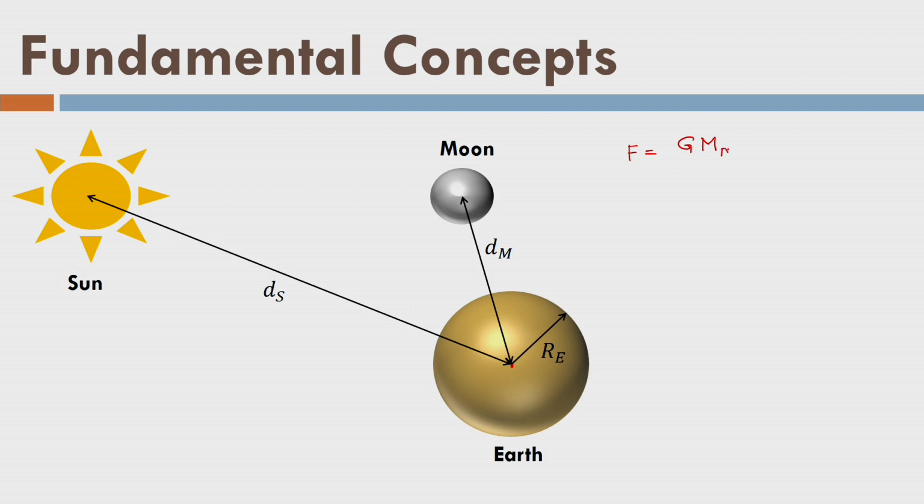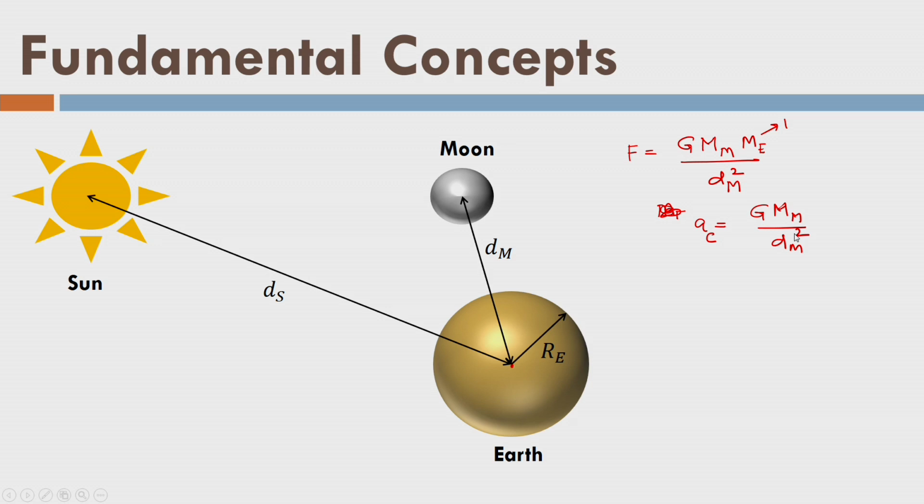So let us say mass of the Moon and then mass of the Earth divided by dm square. Here if I assume that we are talking about a unit mass on the Earth, then I can write the acceleration at the center of the Earth as G Mm divided by dm square.